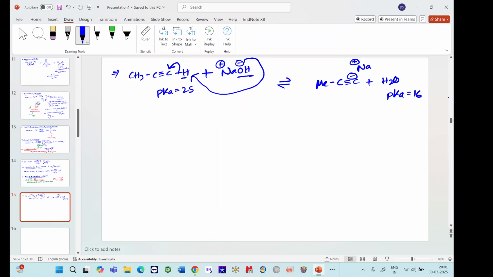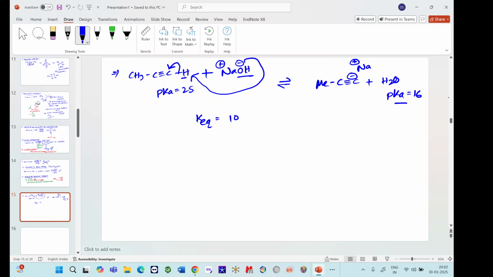25. So we studied in the acid-base class that to get an idea whether some reaction is feasible or not, or which side it should go, the forward or the reverse side, you need to get the idea about the equilibrium constant. So K equilibrium is nothing but 10 to the power of the pKa of the conjugate acid minus the pKa of the acid from where it's starting.